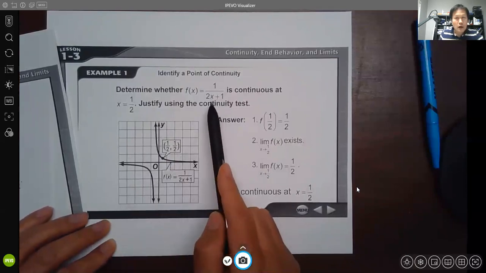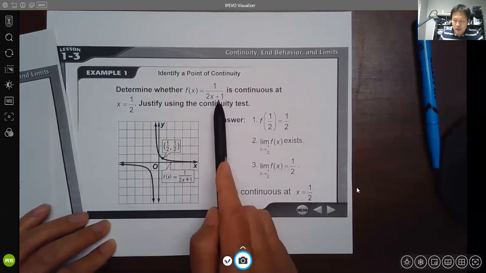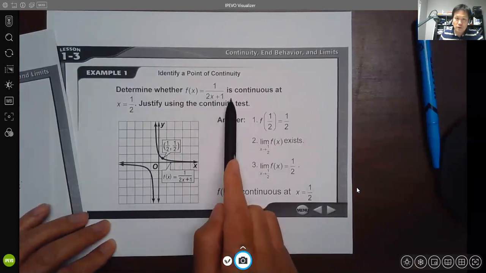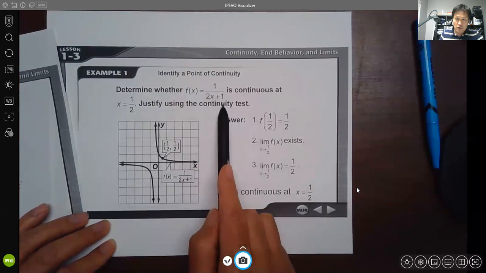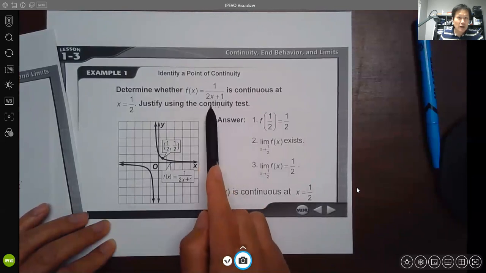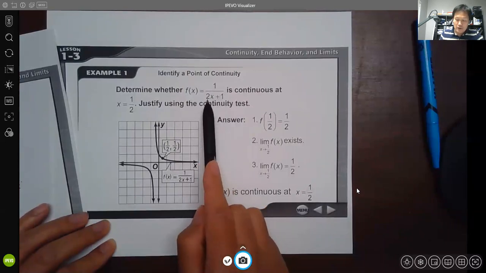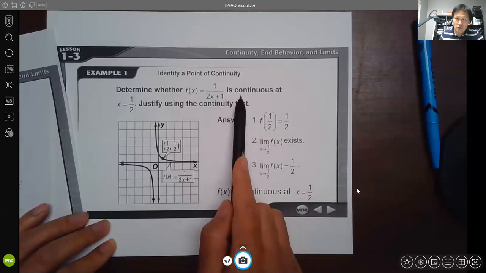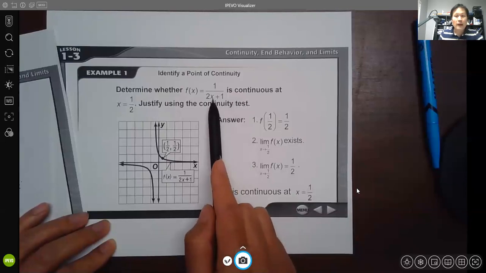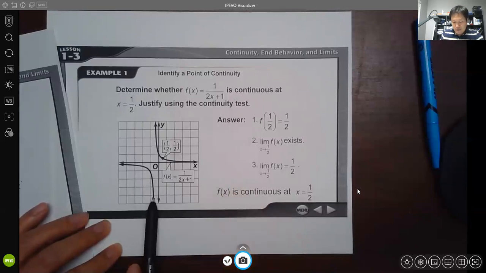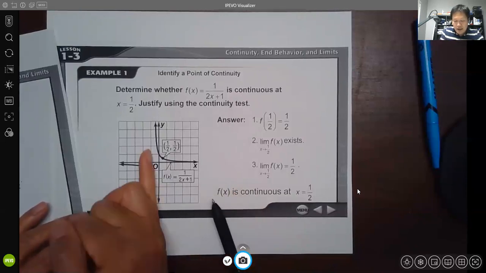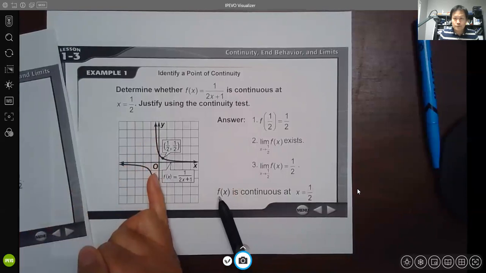How did I know minus 1 over 2? I let the denominator equal 0. Do you remember the domain condition? The denominator cannot equal 0. So if you let 2x plus 1 equal 0 and solve for x, you will end up with x equal to minus 1 half. So this graph will be discontinuous at x equal to minus 1 over 2.